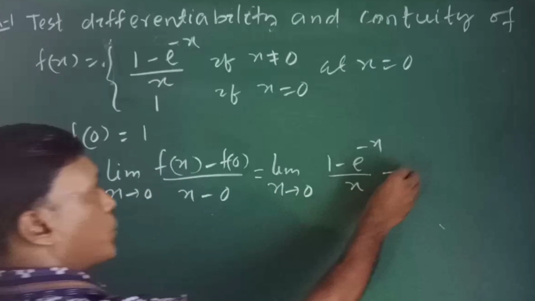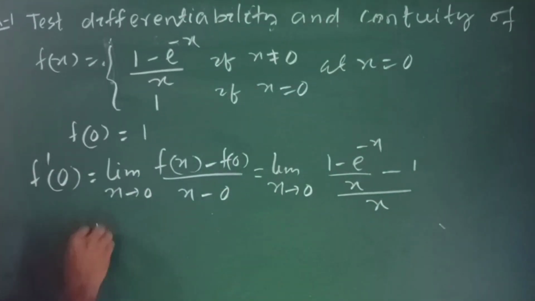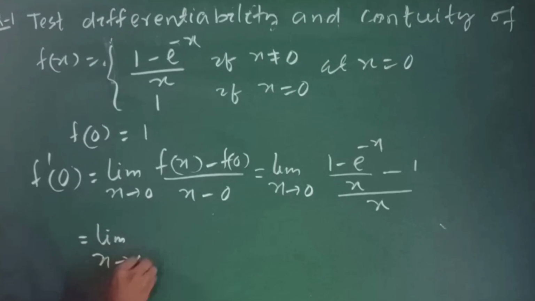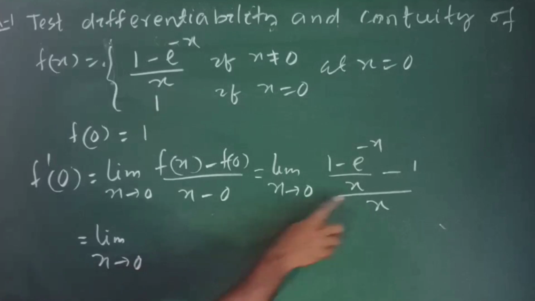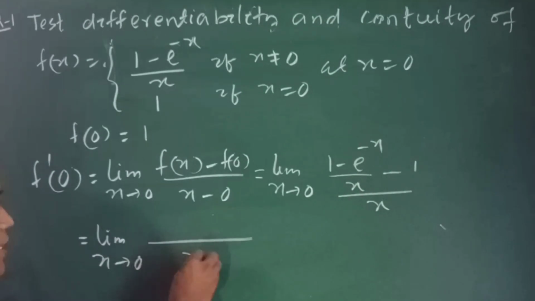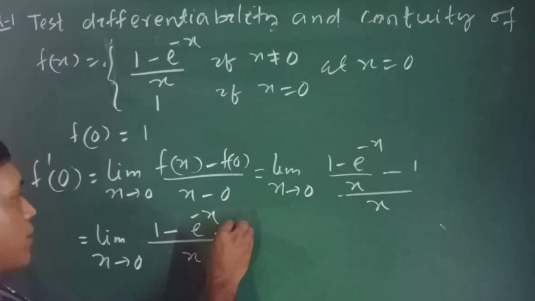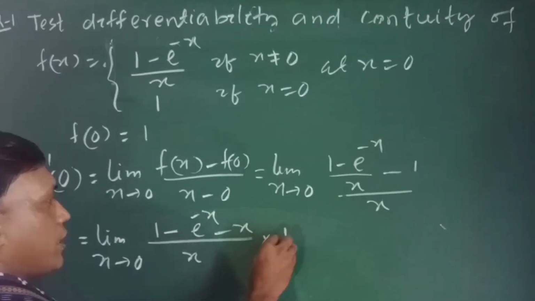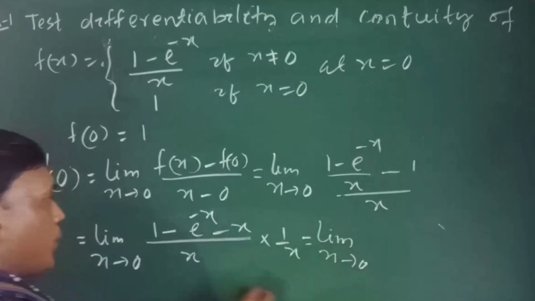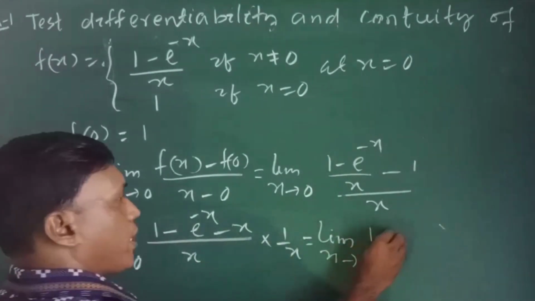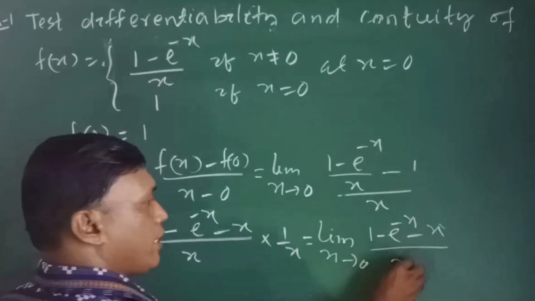We find f of 0 is 1, divided by x, and this is equal to limit x tends to 0. Here LCM जाएगा x, and this is 1 minus e to the power minus x minus x into 1 by x, which is equal to limit x tends to 0, 1 minus e to the power minus x by x into x, that is x square.